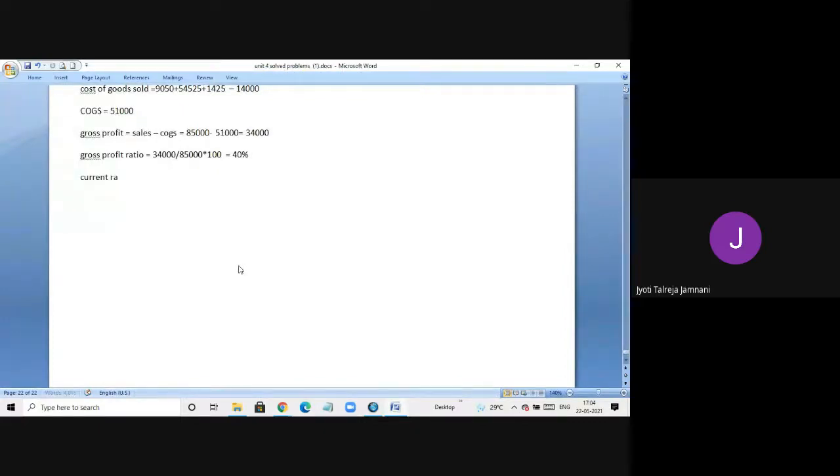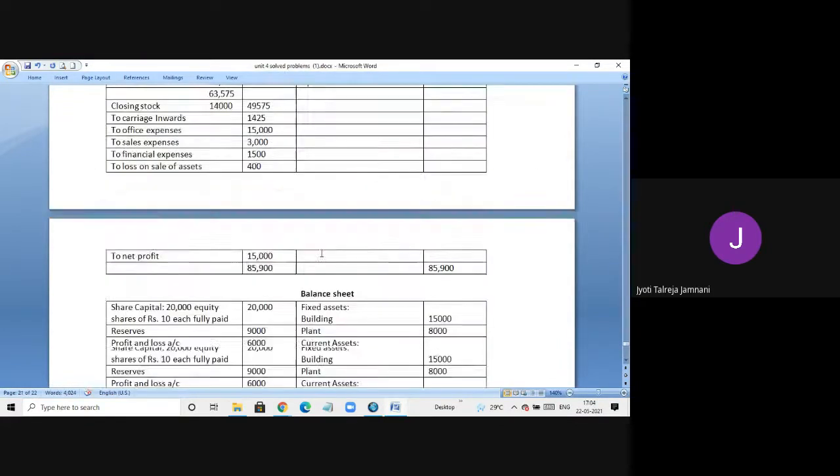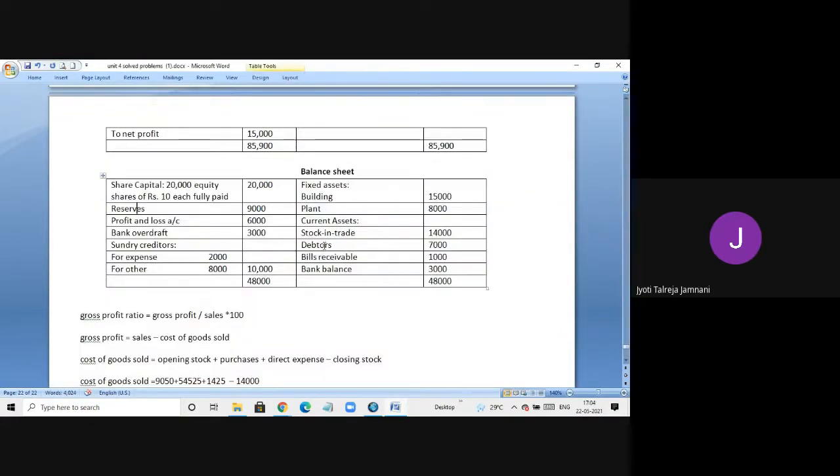Current ratio equals current assets divided by current liabilities. Let's see what the current assets are that we have: stock in trade, debtors, bills receivable and bank balance.